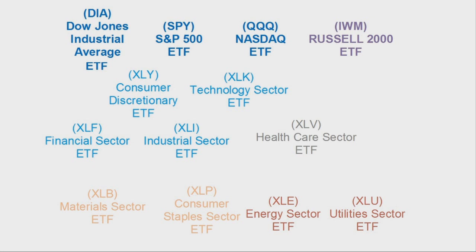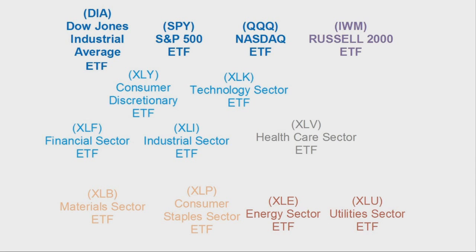But overall, these first four ETFs are broad representations of the overall stock market and are a good baseline to see what is normal in the market at any given time. Then you will see a group of four more ETFs below: XLY, XLK, XLI, and XLF, followed by XLV, an ETF tracking the healthcare sector.